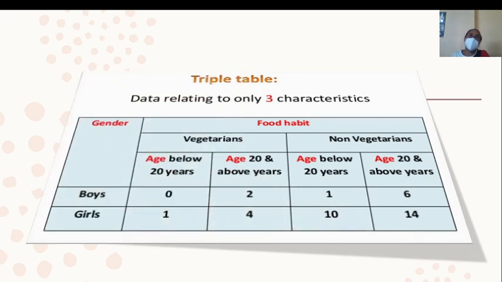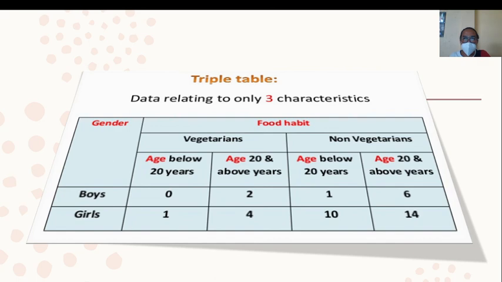Meron na tinatawag na triple table. From simple table, inalam lang natin yung gender. Tapos kinonvert natin o transform natin into double table. Nagkaroon tayo ng kung sino yung vegetarian at non-vegetarian. Now, from double table, kinonvert natin to triple table.